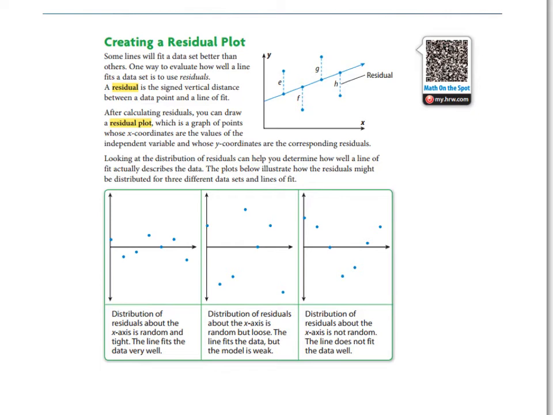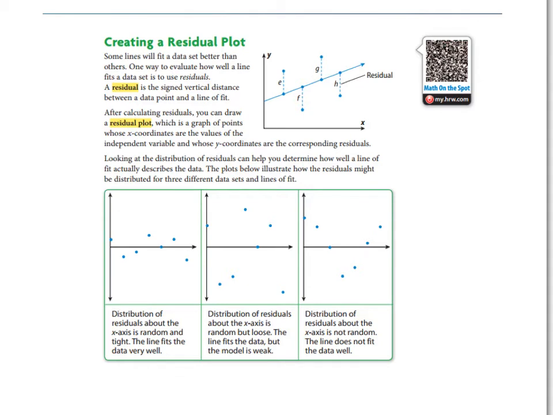So they've given you 3 types of distribution of residual plots below. The first one, notice you've got some above the line. You've got 3 below, same amount as above. Because it's random and tight, not loosely scattered, this one means that the line of fit was good.